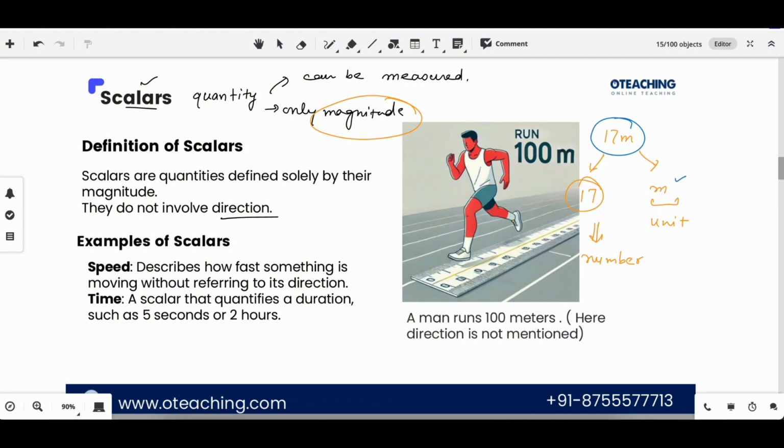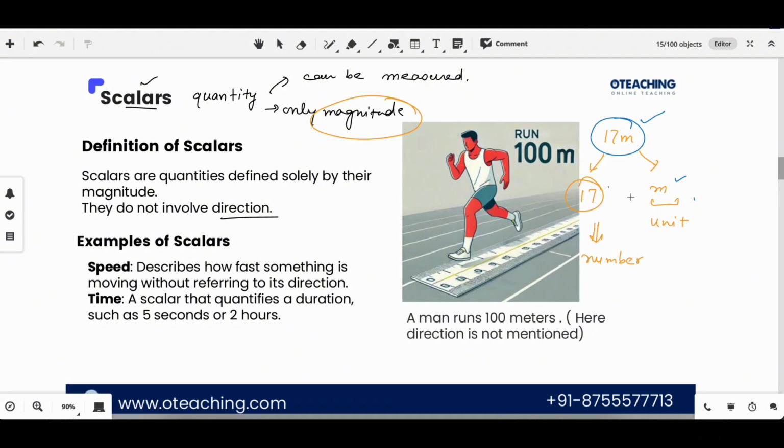Please drop your answer in the comment section about what you understand by magnitude. And now I'll answer this question: 17 meter itself is the magnitude. Magnitude is not only the number, and it is not only the unit.